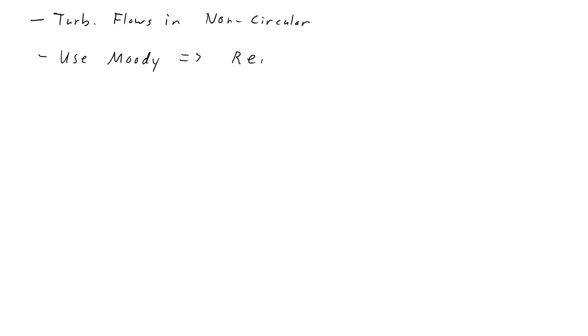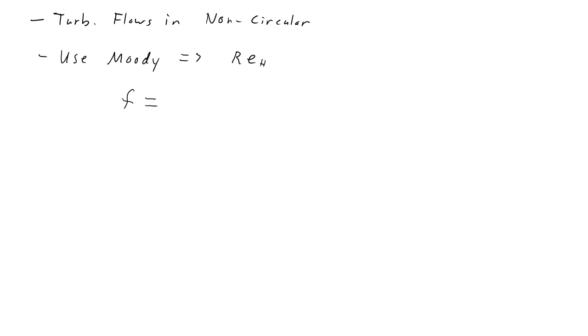Lastly, we're not going to really do turbulent flows in non-circular ducts, but just for a little context, you can actually still use the Moody diagram, but of course making the substitution that you're using the Reynolds number based on the hydraulic diameter.